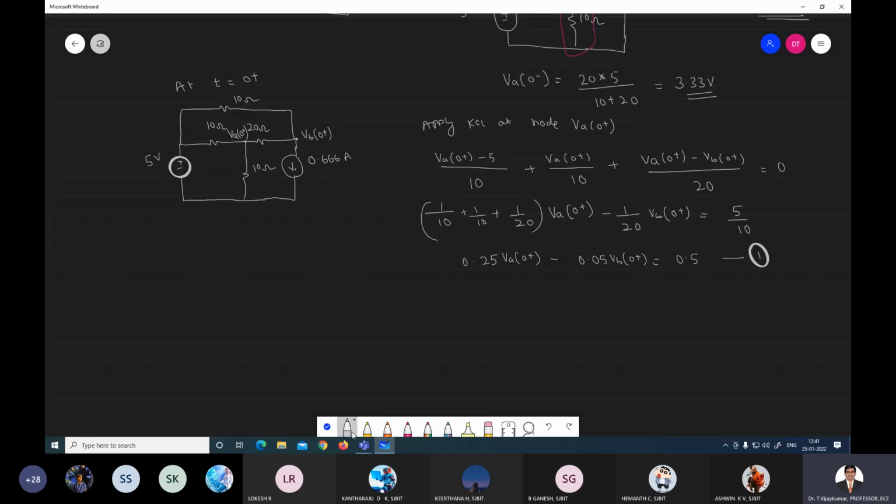Next, apply KCL at node VB0 plus. It is (VB0 plus minus VA0 plus) divided by 20, with current leaving the node, plus 0.666, plus (VB0 plus minus 5) divided by 10, is equal to 0.